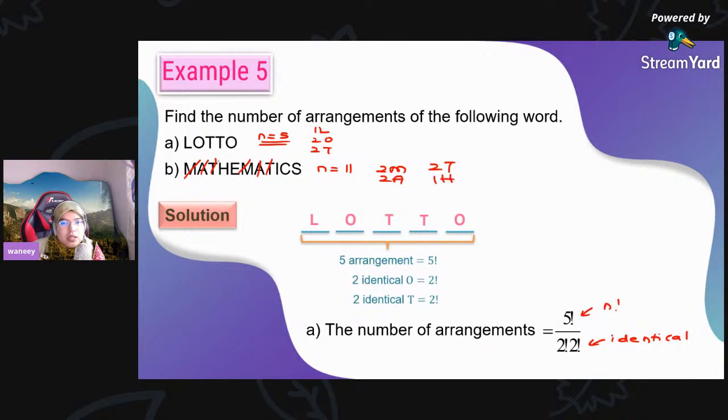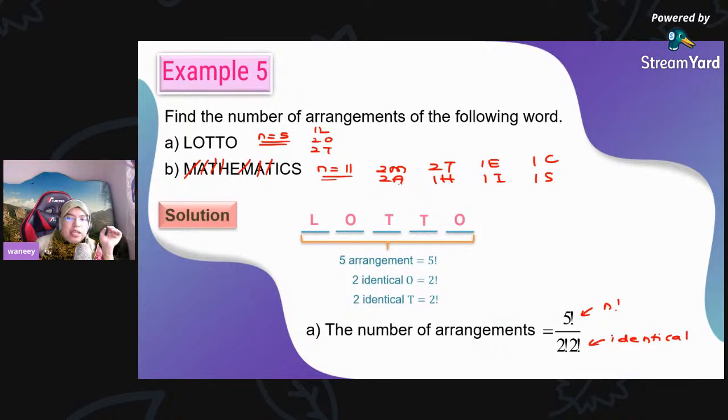E, only one. I, one, C, one, and S, one. So 1, 2, 3, 4, 5, plus 6 is exactly 11. So the total number is 11.